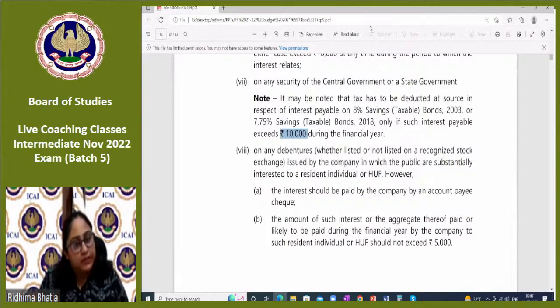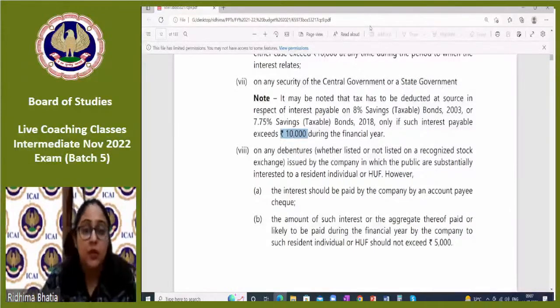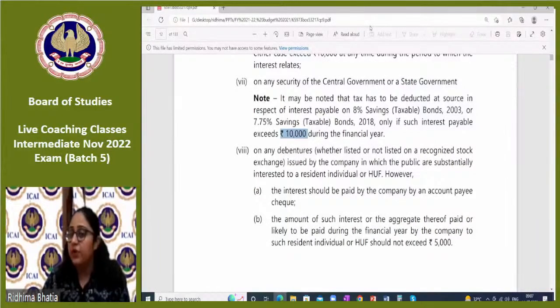Otherwise, no surcharge and cess would be added. TDS में surcharge and cess हम किस में add करते हैं? When we are making payment for salary. Salary में surcharge and cess होगा, okay? 192 में. But जहाँ there are flat rates, there would be no surcharge and cess.